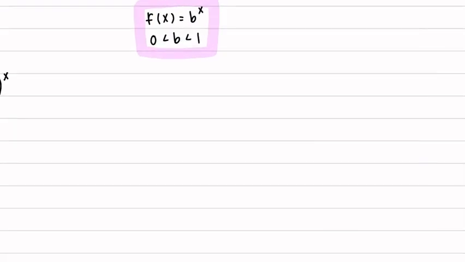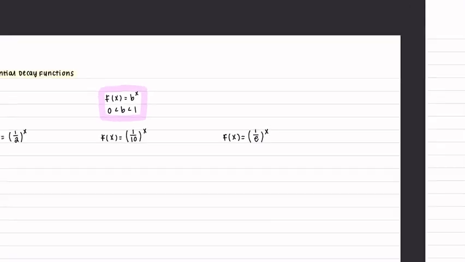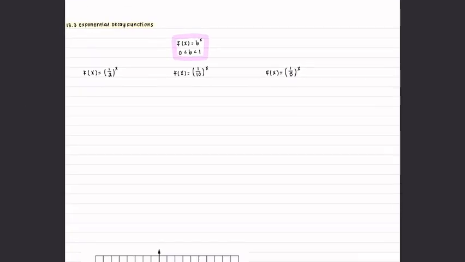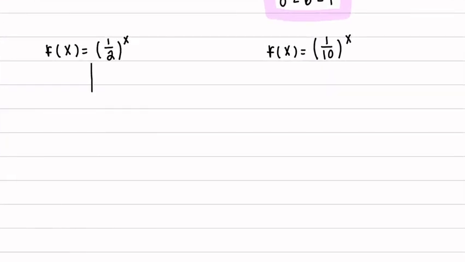We're also going to look at f of x is equal to 1/10 to the power of x, and f of x equals 1/e to the power of x. All right, and we don't have graphs for each of those, but you could make a sketch. So let's just fill out their tables.